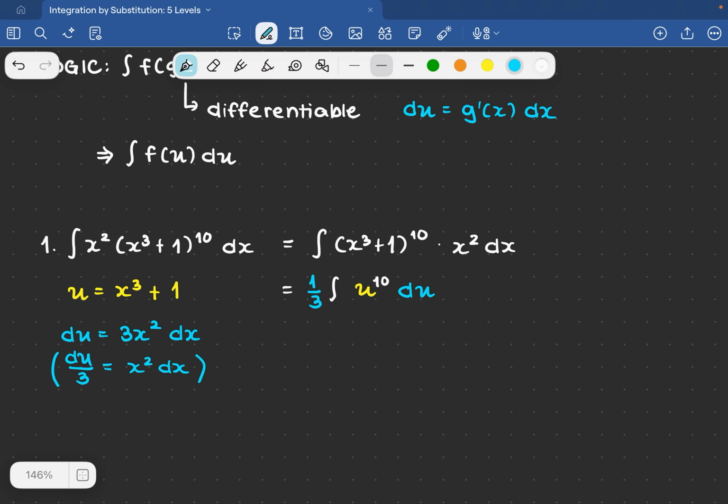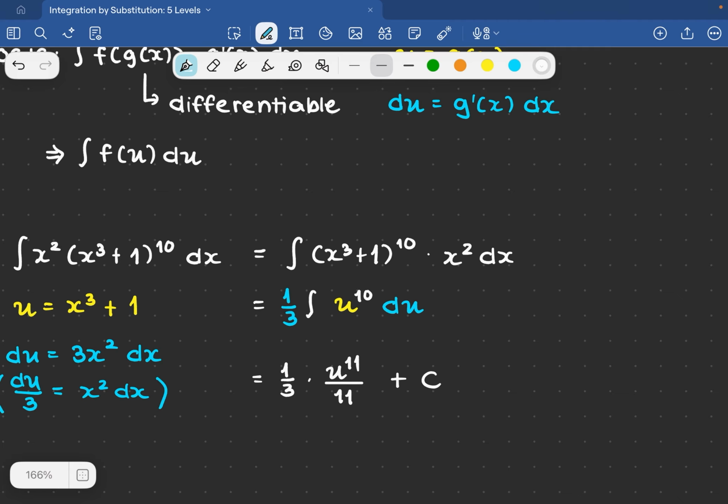Once you have this, it is now easy to integrate. This will just be equal to 1/3 of u raised to 11 over 11 plus c. That is by the power rule in anti-differentiation or integration.